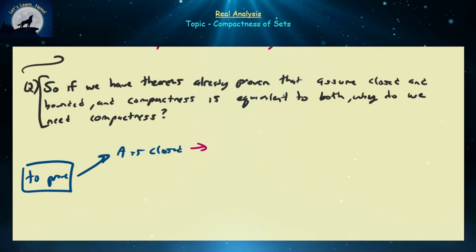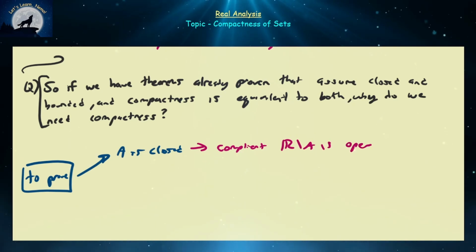Obviously, a more classical way to prove that something is closed is to prove that its complement, R take away A, is open, right? And we have several theorems that can give us that. And let's assume that we also have to show that A is bounded, right?